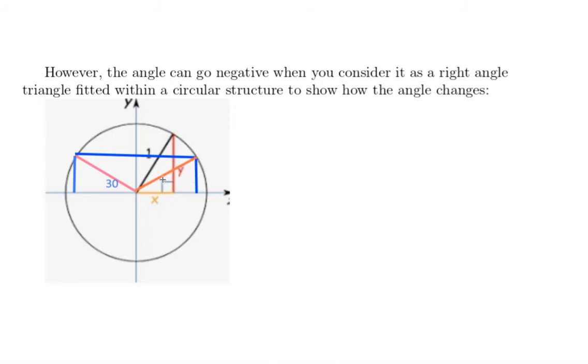This is also 30 degrees, but it is not 30 degrees round the circle. That is not actually what is the case. It might be the right angle triangle, which is why it produces the same opposite and hypotenuse ratio, but instead this angle is 180 degrees take away 30, this 30 in here.